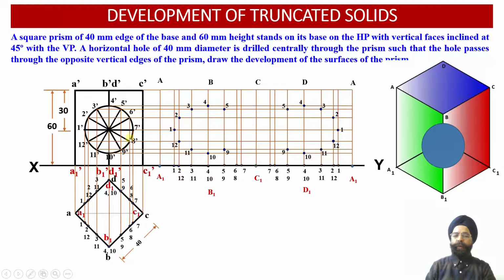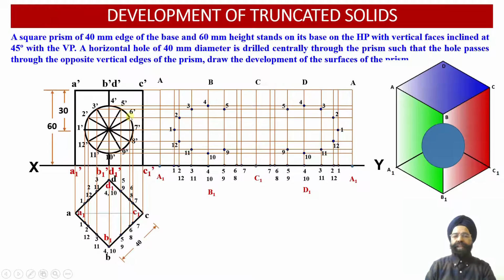Next we have the points 6 dash and 8 dash in the front view projections, and the corresponding vertical projectors happen to be lying over here. This 6, 8 vertical projector corresponds to the front face projection over here. This 6, 8 projector corresponds to the rear face projection over here.